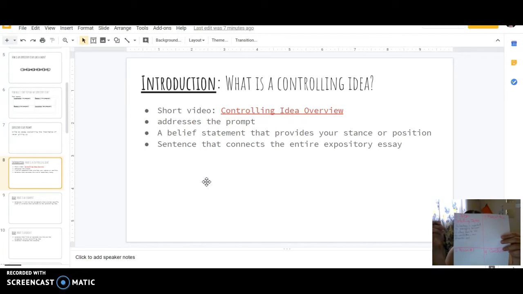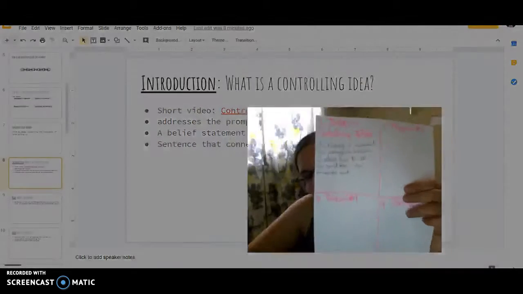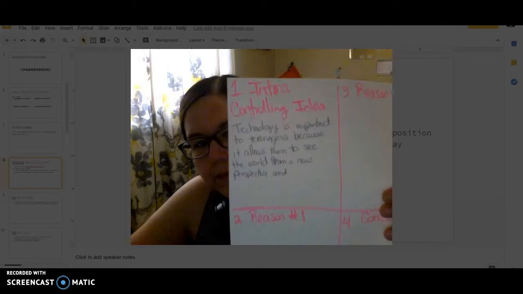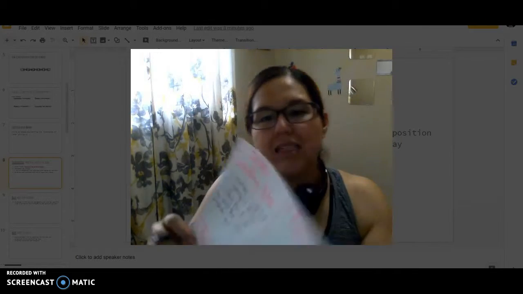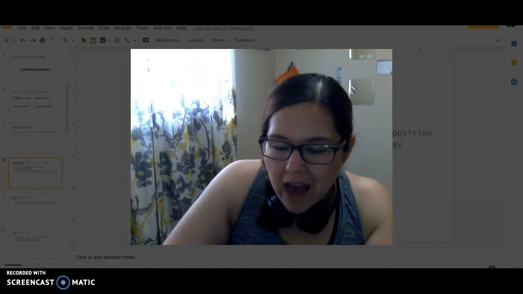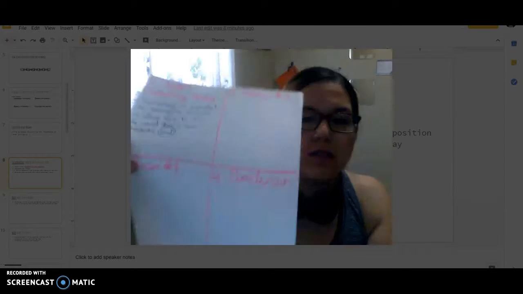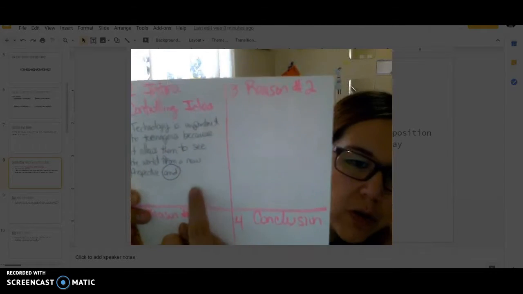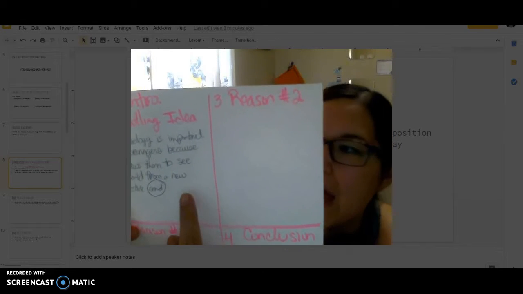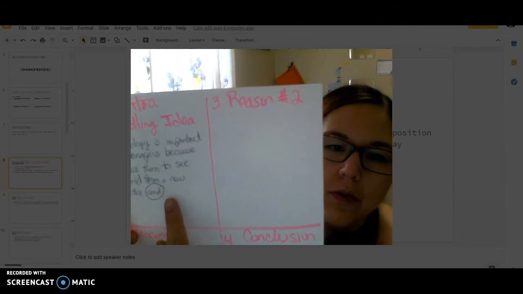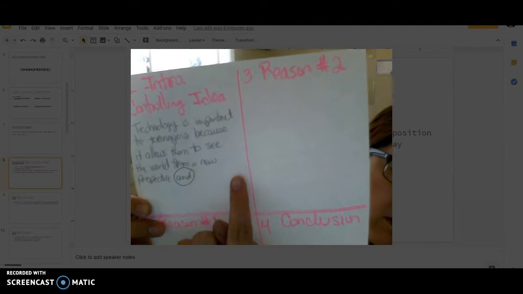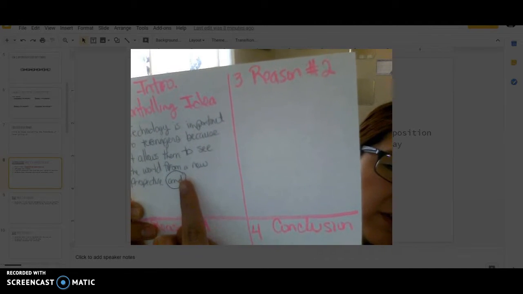So that's the first thing that I'm putting, even like right here. Okay? So technology is important to teenagers because. So you always want to have 2 reasons. Look, right there. The key thing is that in the controlling idea, you have to mention the 2 reasons. And you have to be able to connect them with the word and. Okay? Right here. Let's see if we can see it. Right there. And.